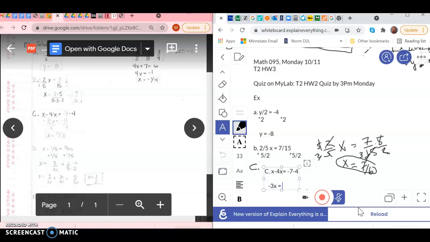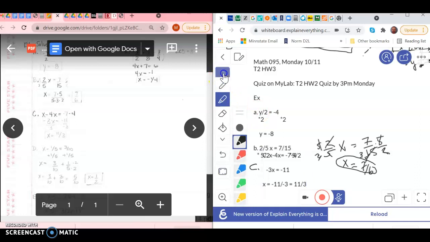And on the right side we have -7 minus 4, which is -11. So here we divide both sides by -3, and you end up getting -11 divided by -3, which is the same as +11 divided by 3. Yeah, so that's the answer.